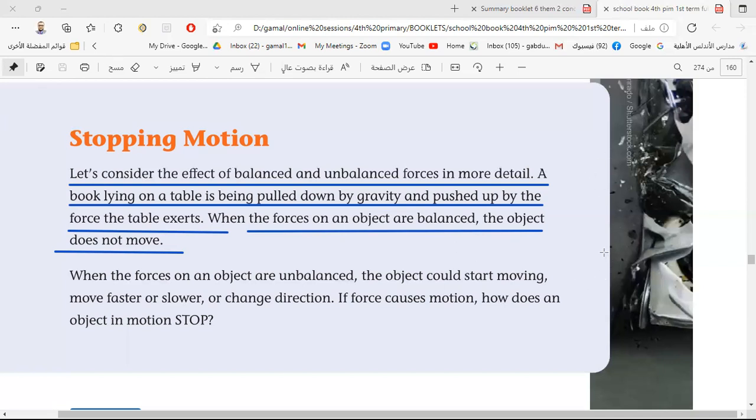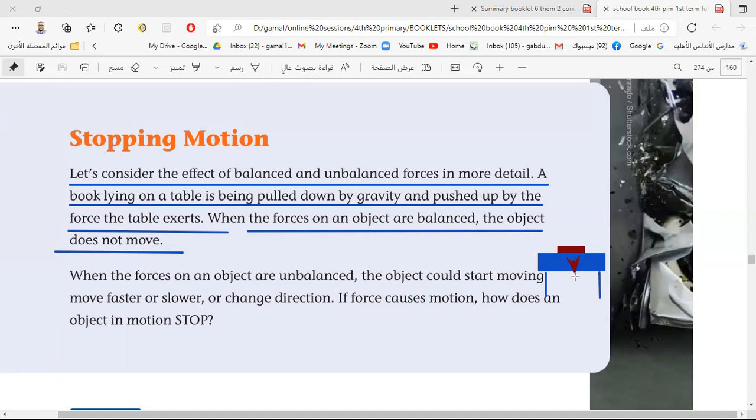If you have a table like this, okay? And you put a book on the table. Does the book move or not move? Not move. Why?